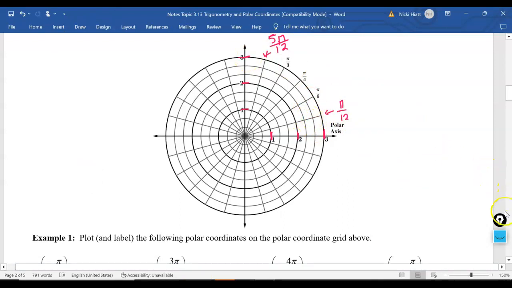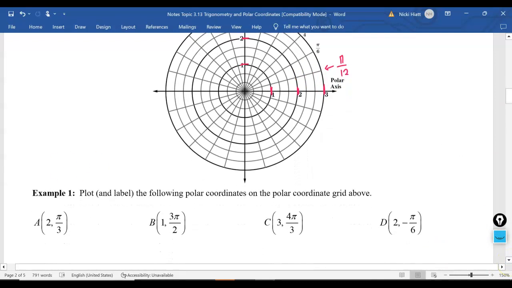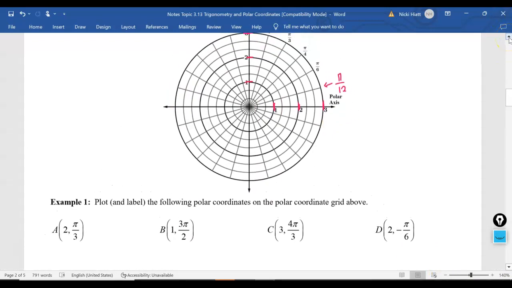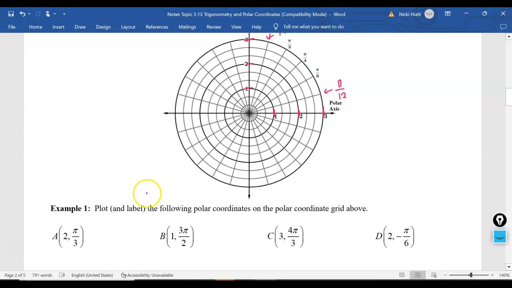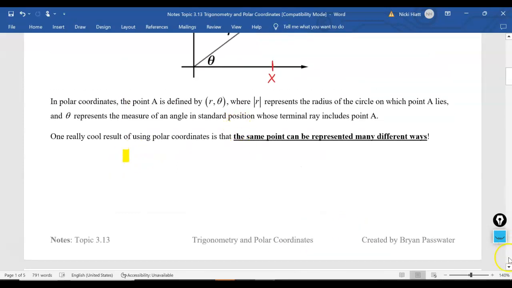So if we are plotting the points they have asked us to plot, let me zoom out just a little bit so it'll all fit in one frame. If we were plotting these points, this is how it will work. When we see that we're going to plot point A, it is 2 pi over 3.